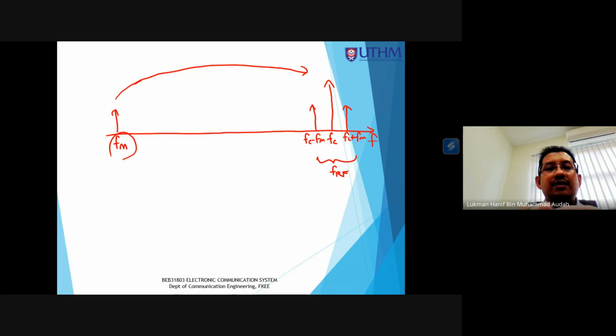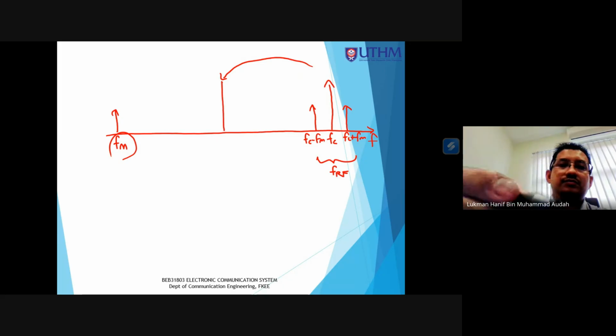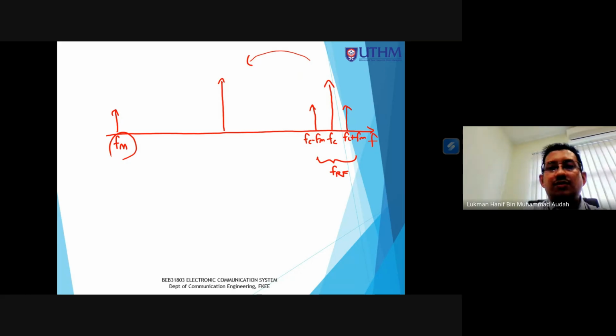How to do that? The process is not straightforward. What we need to do is down convert into intermediate frequency. So it becomes something like this.